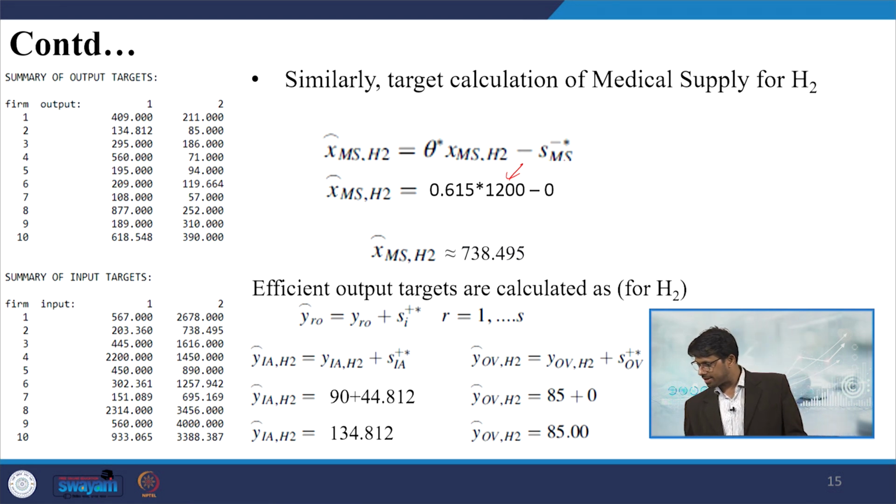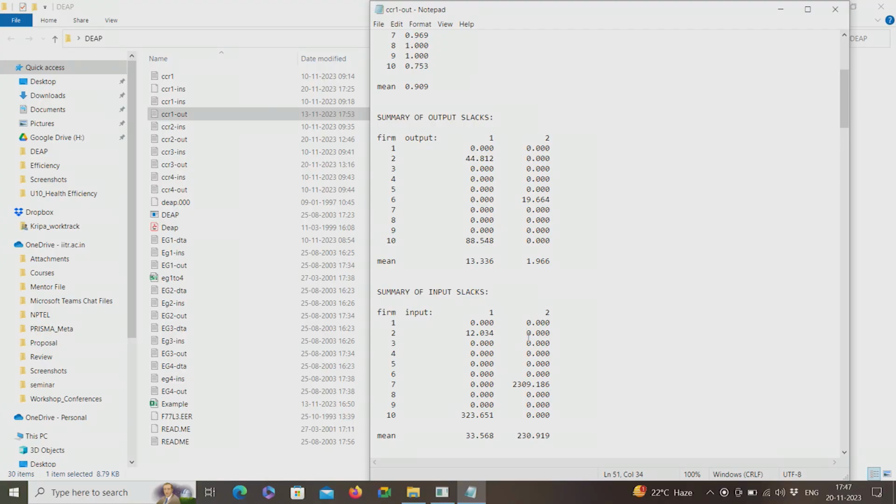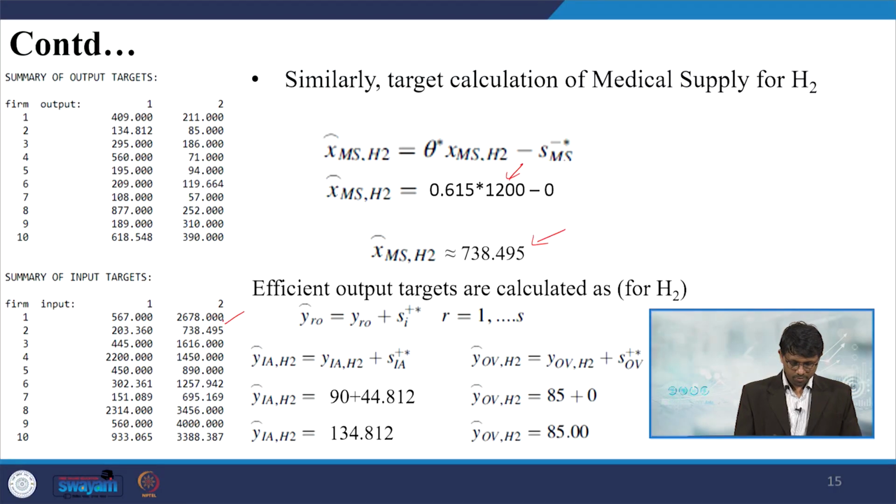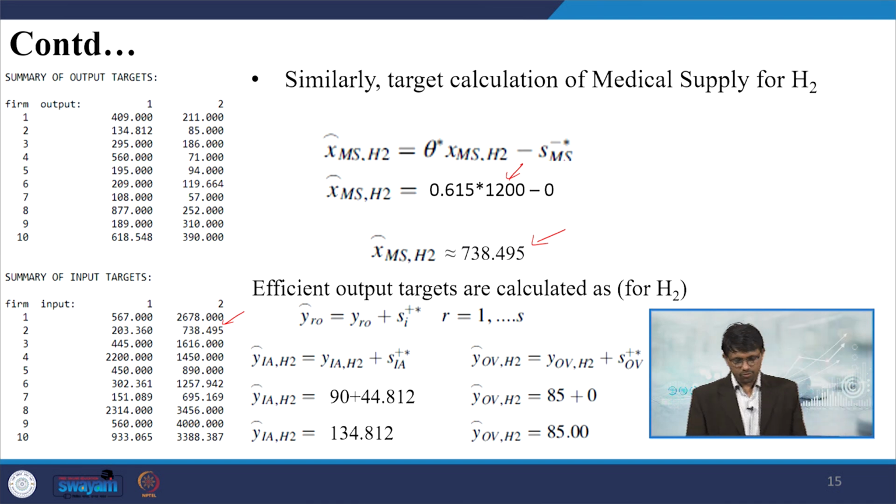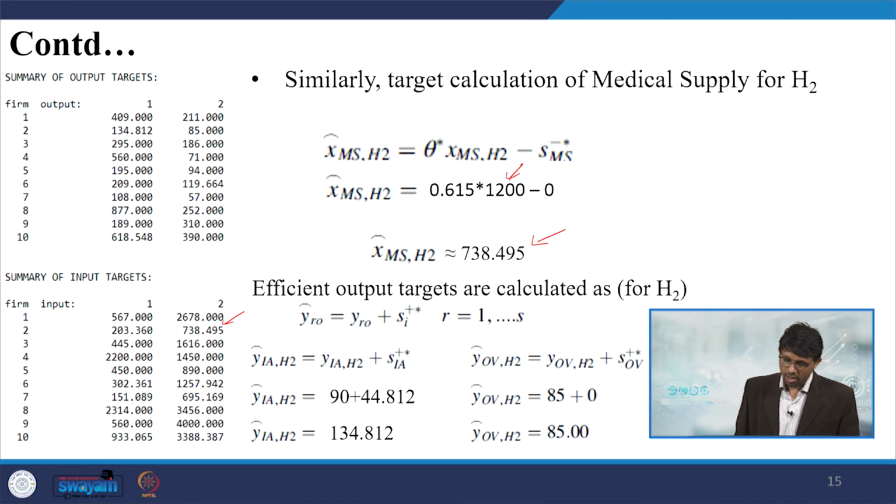If you check it from the table in my other window, I can highlight it for you if you are a bit confused. So, this is 0, is it not? The slack is subtracted as 0 in this case, and 0.615 we already mentioned, hence the target boils down to 738.495.